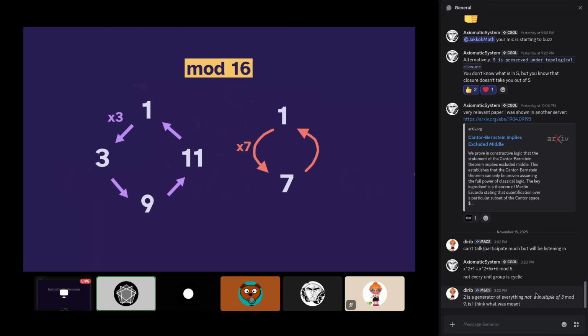We end up with this structure of 2 cycles. 9 is halfway around the first cycle, 7 is halfway around the second cycle, and then 15 is halfway around both. It's 9 times 7. So any number is given by its product of each of the cycles. Like 9 is 9 in this cycle and 1 in this cycle.